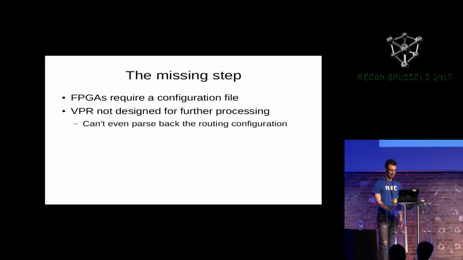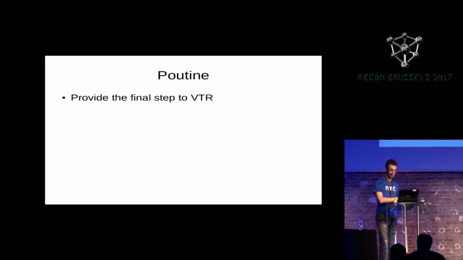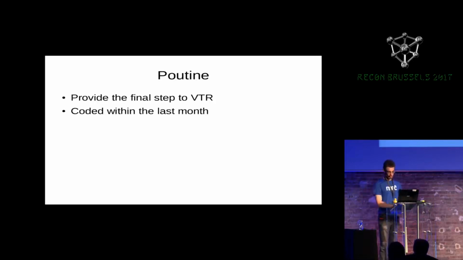And the thing is, you can't even parse the routing configuration it gives you at the end. So I'm like, okay, well, this is a bit of work. So here came Poutine. Poutine was to provide this final step in VTR, to use all this configuration data, the architecture definition and everything it made, and just do the Poutine, you know.